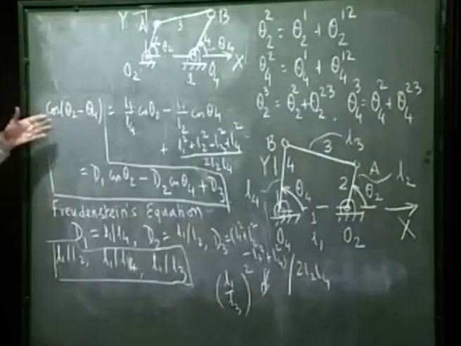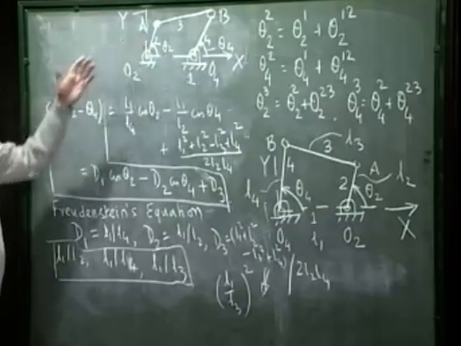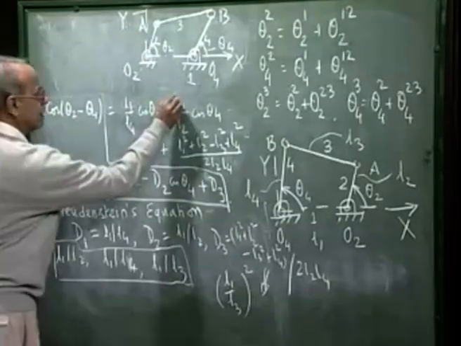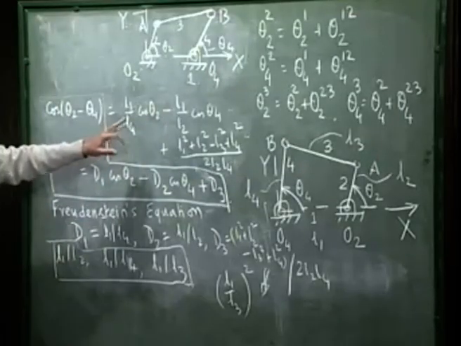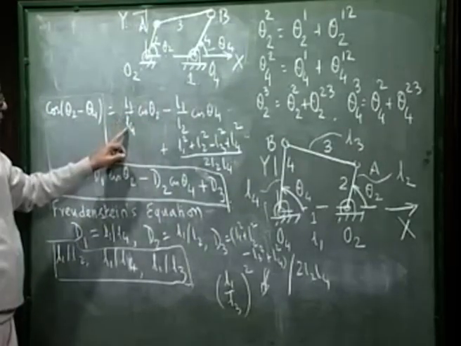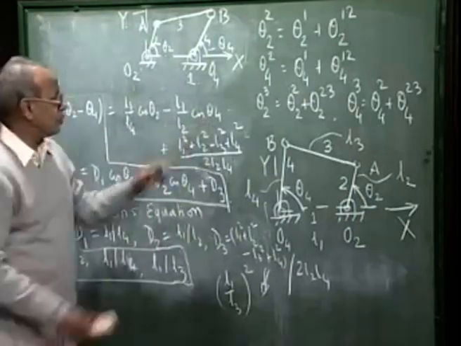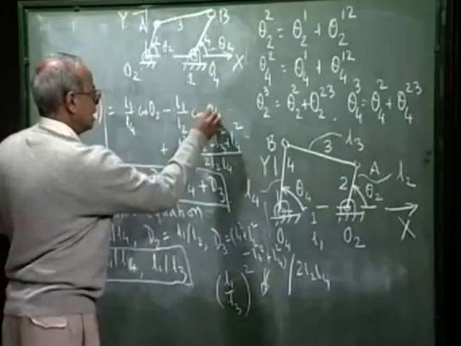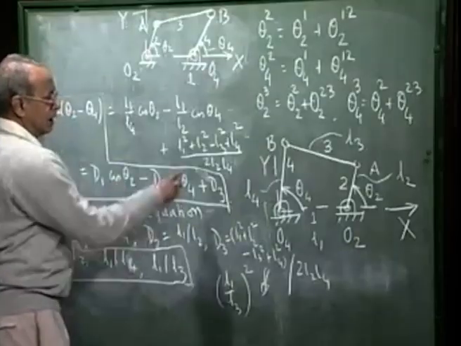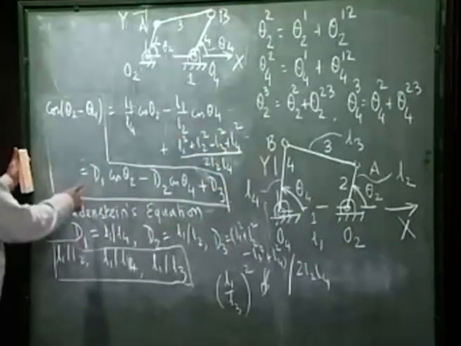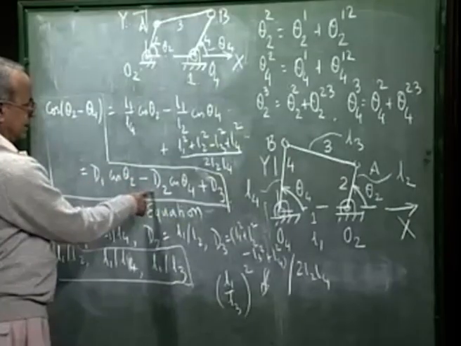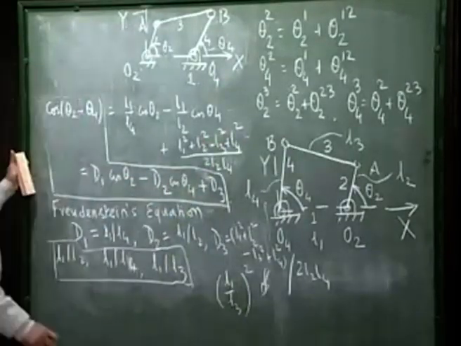So, we get Freudenstein's equation corresponding to this 4R linkage exactly from this equation only by replacing theta 2 by theta 4 and L4 by L2 and theta 4 by theta 2 and L2 by L4. Here of course, L2, L4 interchanging is not changing this at all. Only D1 and D2 will be changed, D3 remains the same.